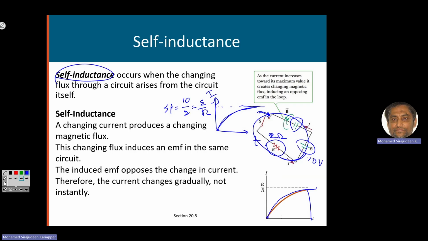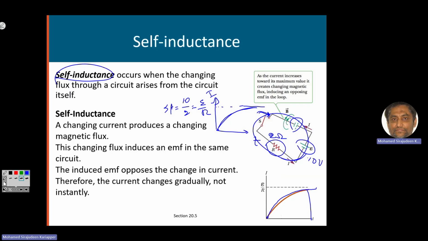This has some similarity with the RC circuit. When you close the switch in a capacitor circuit, the charge on the capacitor does not come to its final value at once. It will take some time to reach the full charge.